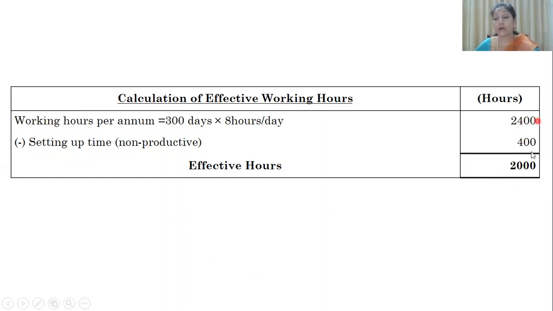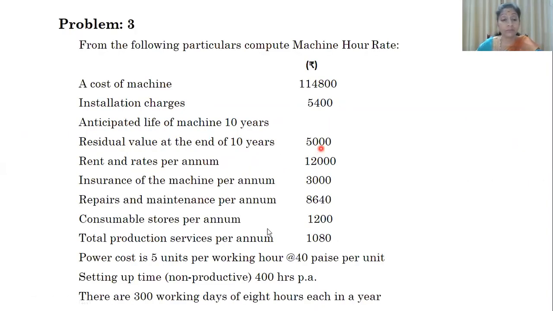So 2,400 minus 400, effective hours 2,000 hours. While calculating, we have to consider these effective hours, not the given hours. Then we have to allocate these standing charges as well as the variable charges.